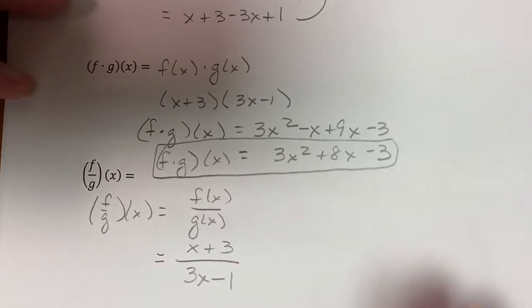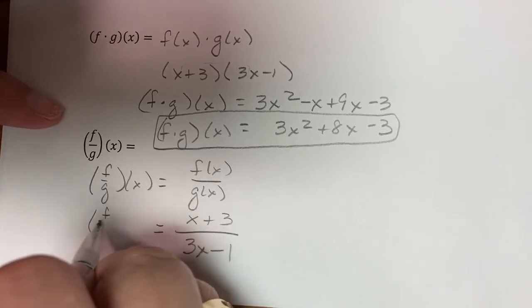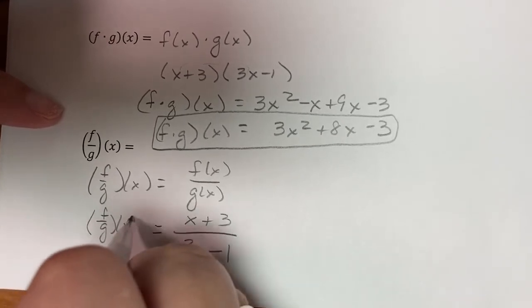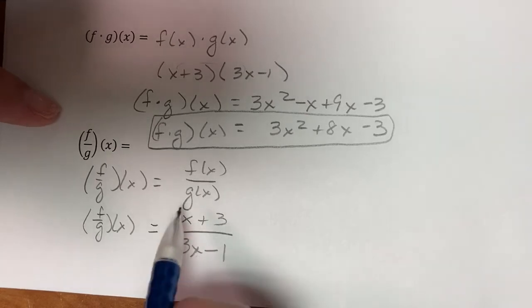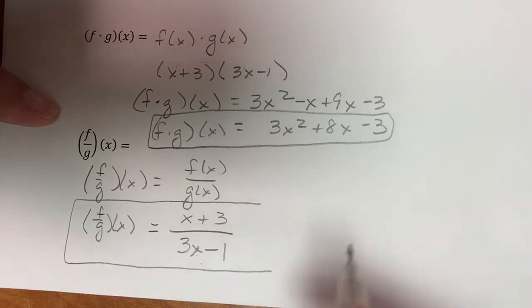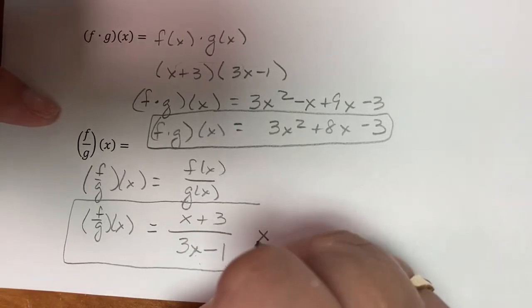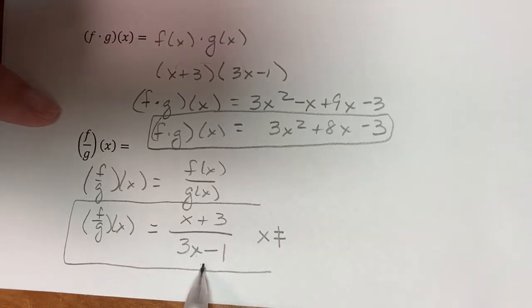Now, one thing you have to be careful of here is you have to take into account the fact that there's going to be a value or values that could possibly make that denominator a 0, and you want to exclude them. So you want x not to equal, well, what's the one value that would make this equal to 0?